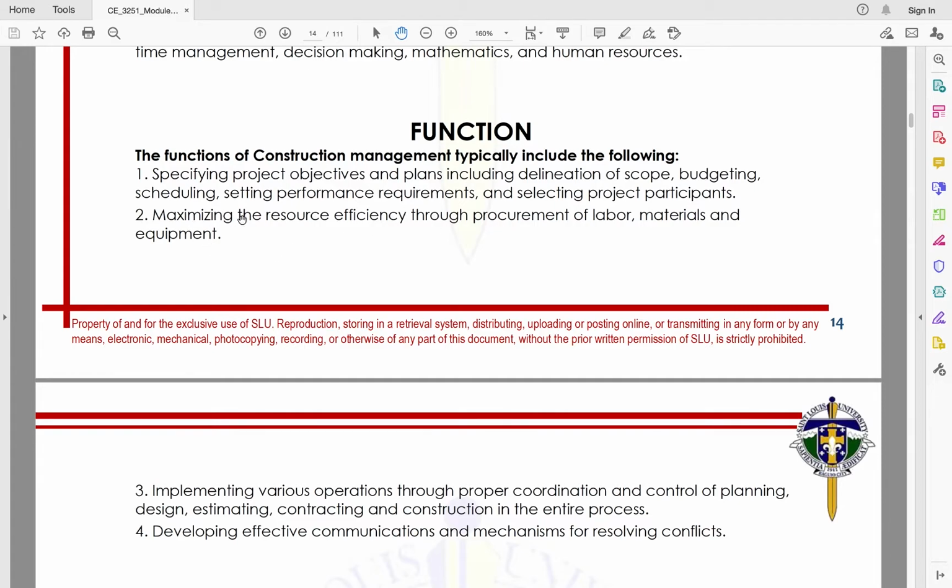Number two, maximizing the resources efficiently through procurement of labor, materials, and equipment. In order to do so, of course, you should have the experience, and you should also have a plan.